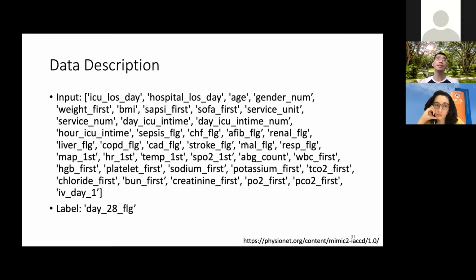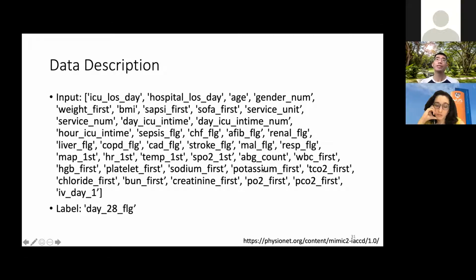And these are the input variables and the labels that we are going to use to build and validate the model. You might not be familiar with the variable names, but you do not need to know every single variable here. And if you want to know the definition of each variable, you can always refer to the website here.